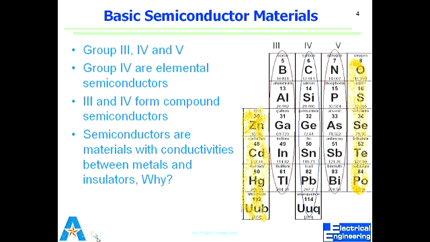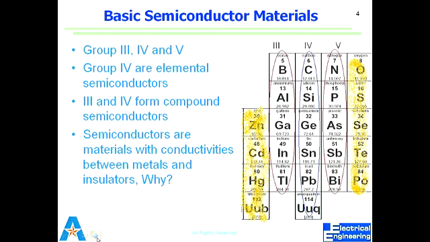Now if we make a compound of group 3 and 5, 3 would have how many electrons in the outer orbit? 3, and 5 would have 5. We bring them together, they share, and the end result is we get the outer band to be again half filled. So we can use them as compounds, and we call them compound semiconductors.